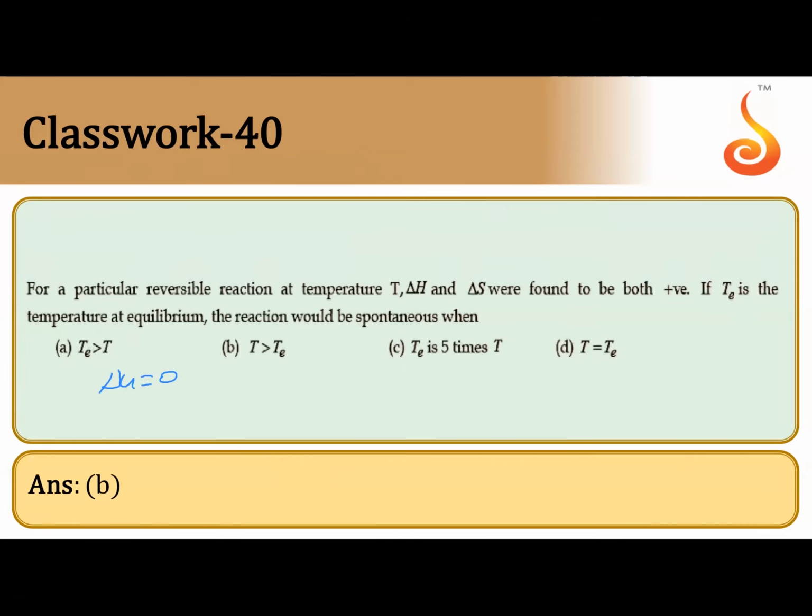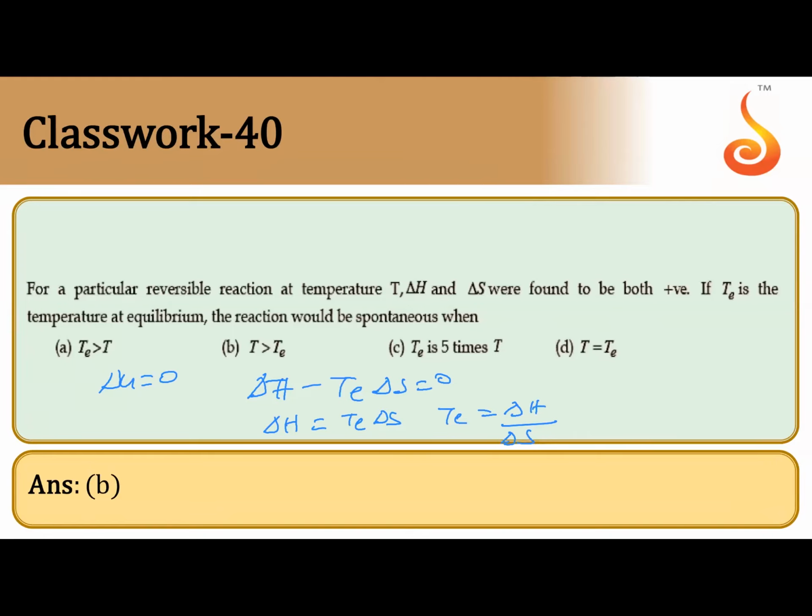Therefore, delta H minus T into delta S is equal to 0. That means delta H is equal to T into delta S, so Te equals delta H by delta S.